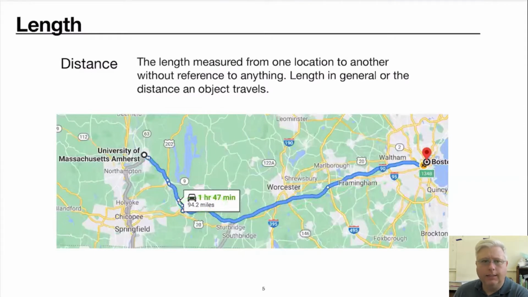So that's the distance you would drive from UMass to Boston, right? Okay, and then it even gives you how long it's going to take. So from that, we can actually determine the average velocity that Google is calculating that you're going to be traveling that whole time. So we'll do that in just a little bit.